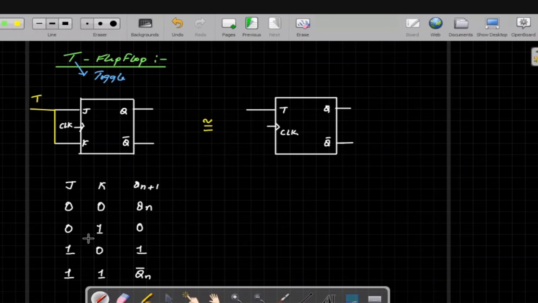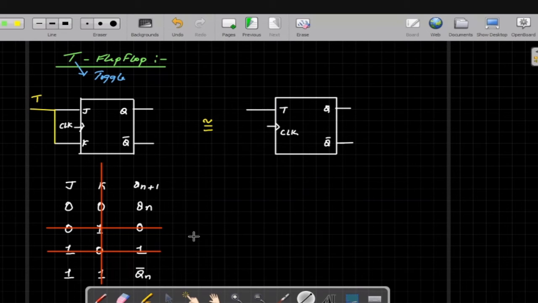Now I'm going to make the truth table for T flip-flop with the help of this JK flip-flop truth table. In this case, I'm going to eliminate two rows and one column. I'm going to eliminate the J column along with these two rows. Can anybody tell me why I eliminated 0 1 and 1 0?